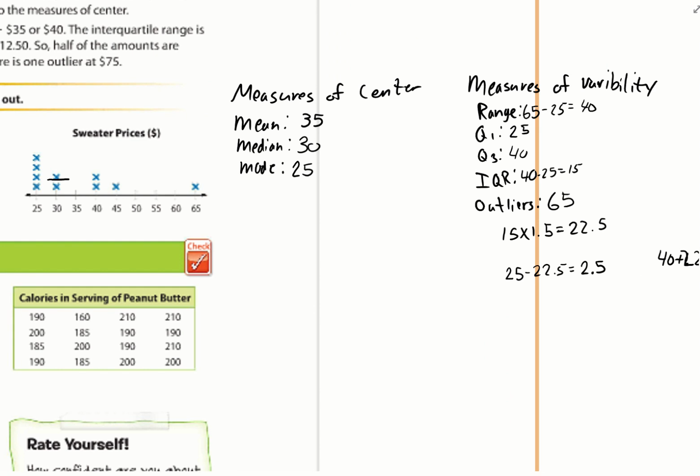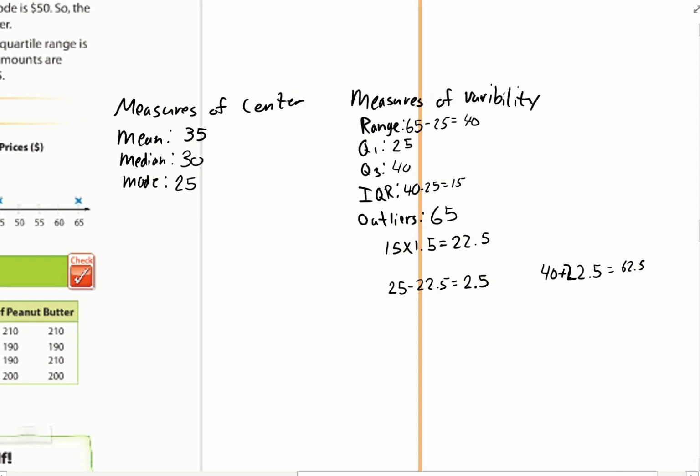Q1 is 25, Q3 is 40, so the IQR is 15. After taking my IQR and multiplying it by 1.5, subtracting from Q1 and then adding to Q3, any numbers less than 2.5 or any numbers greater than 62.5 are outliers. So my only outlier is going to be 65.